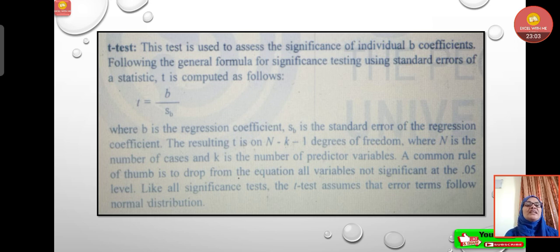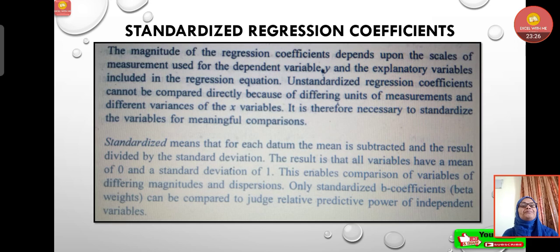The resulting t is on n minus k minus 1 degrees of freedom, where n is the number of cases and k is the number of predictor variables. A common rule of thumb is to drop from the equation all variables not significant at the 0.05 level. Like all significance tests, the t-test assumes that error terms follow a normal distribution.